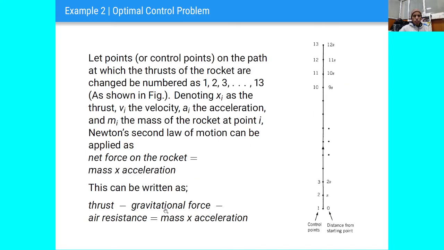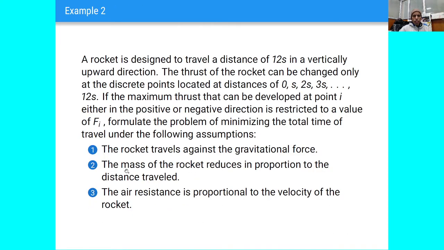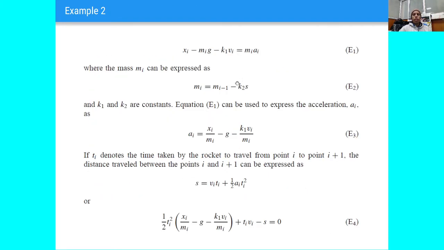Okay, so this constant: the mass of the rocket reduces in proportion to the distance traveled. How much distance will the rocket travel from the preceding stage? Because these segments are of equal distance s, the first segment ends at s, the second at 2s, the third at 3s. So in each segment there is a distance difference of s.